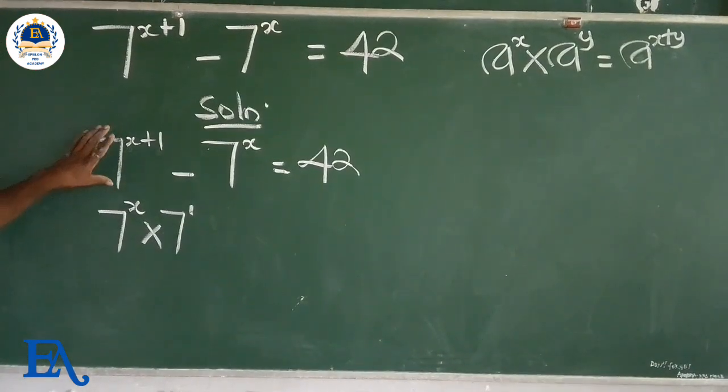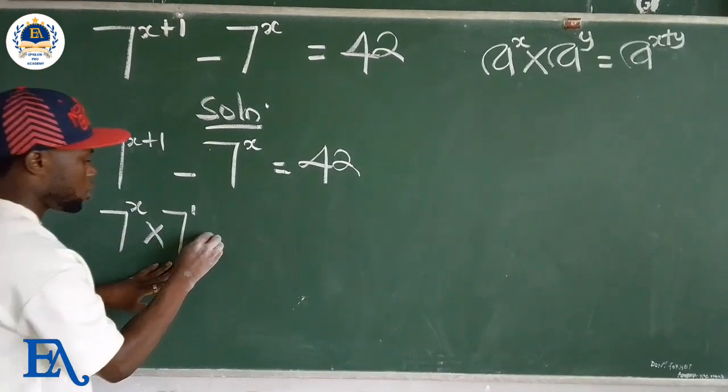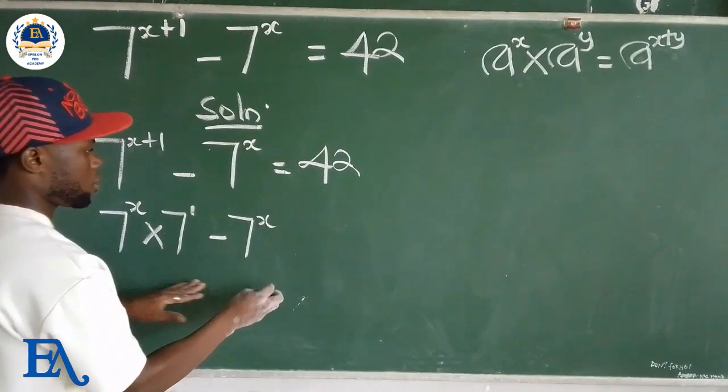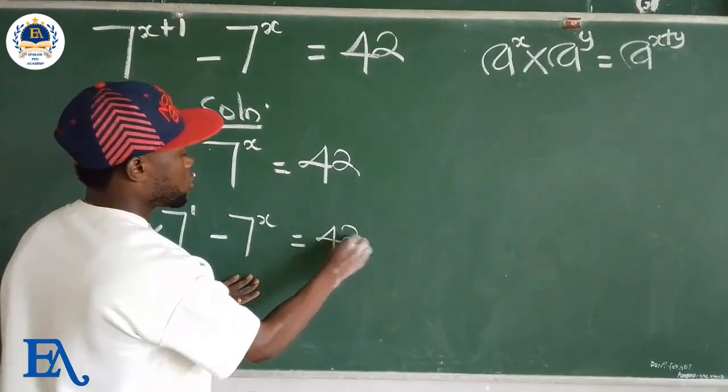We are done with this term. The next is this. Let's rewrite this. 7 raised to the power of x is equal to 42.